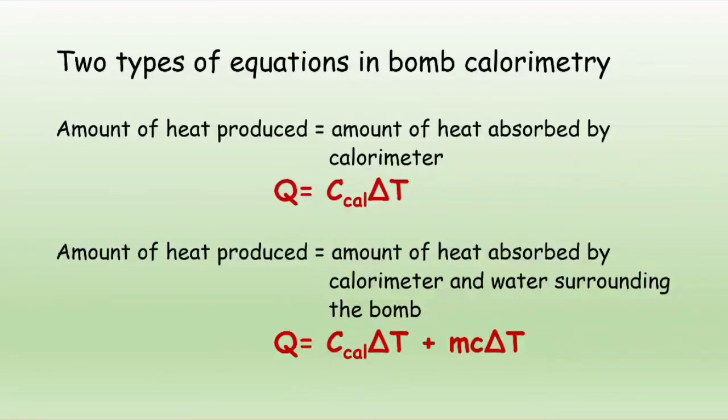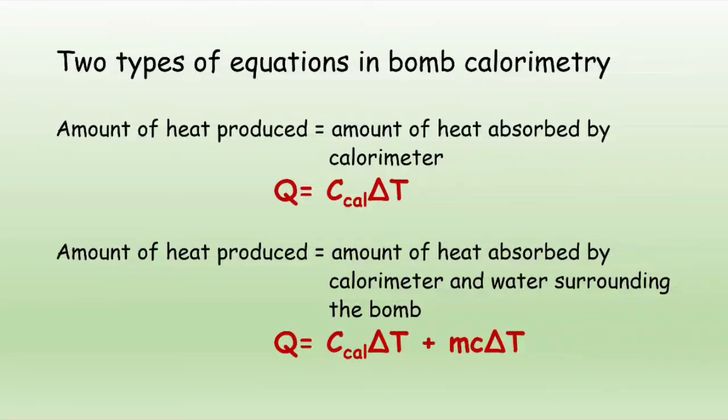There are two types of equations to consider in bomb calorimetry. The first one is Q = C_cal ΔT, where the heat capacity of the calorimeter, C_cal, is considered to include the water surrounding the bomb.